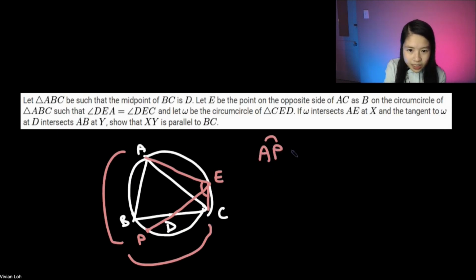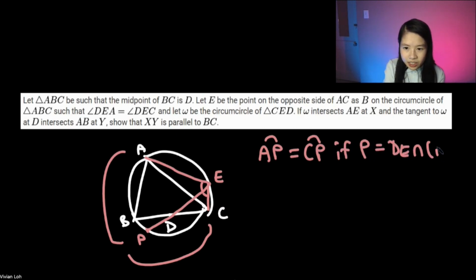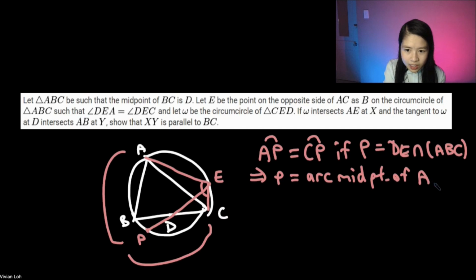So AP equals CP if P equals DE intersect the circumcircle of ABC. And actually, we can now identify P, because P is just the arc midpoint of arc ABC.